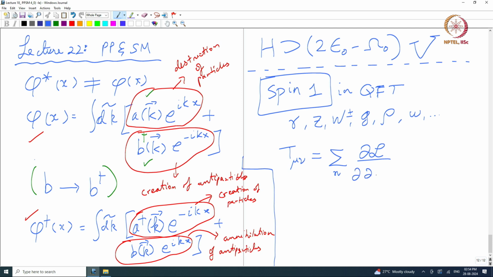So I write ∂_μ φ ∂_ν φ minus g_μν times the Lagrangian. This is the energy momentum tensor.